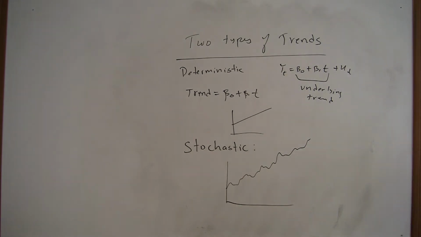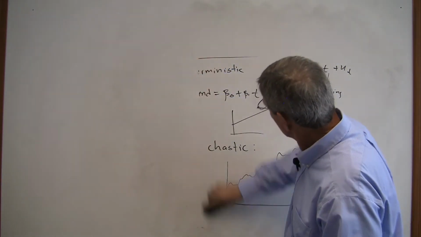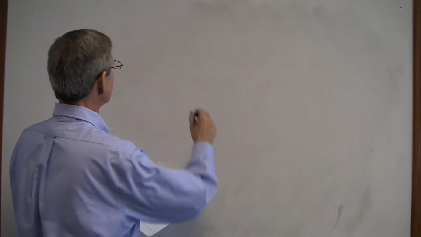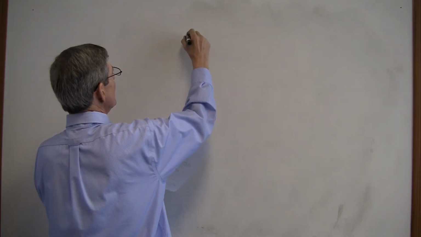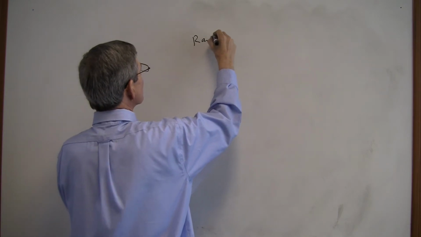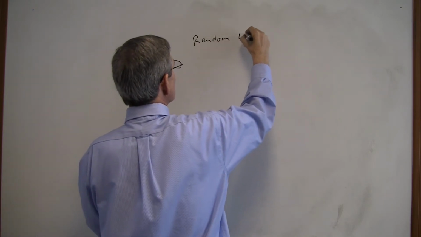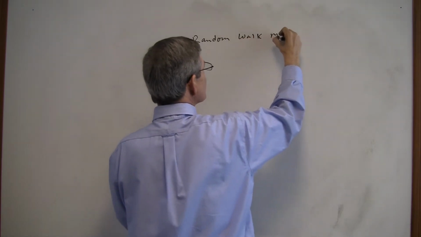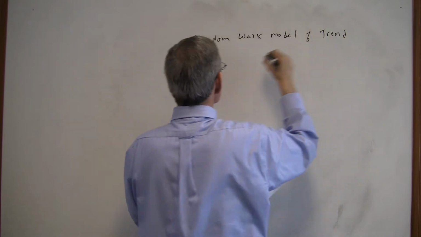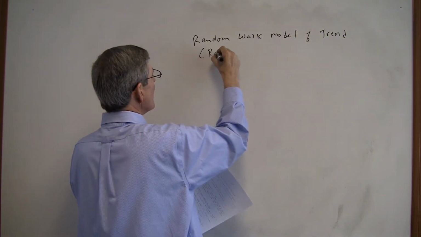So stochastic, deterministic. So again, I think deterministic is relatively straightforward. Let's spend a little more time on these stochastic trends. So most of the time, what we assume is what's called a random walk model of the trend. It's also called a random walk with drift.